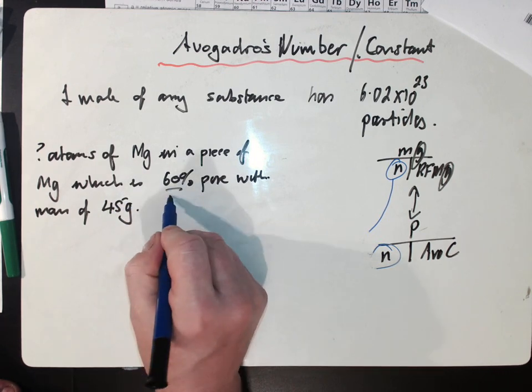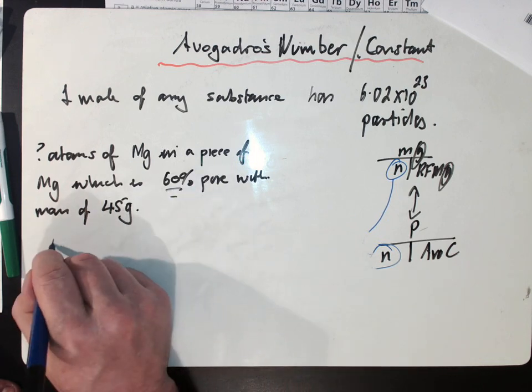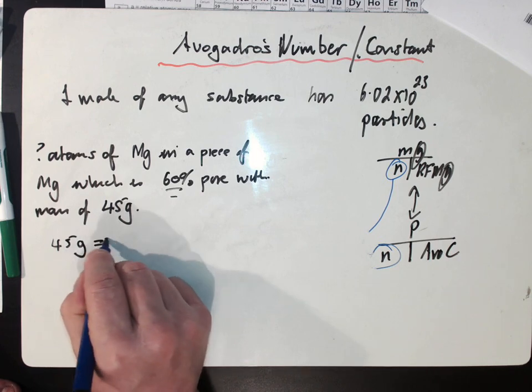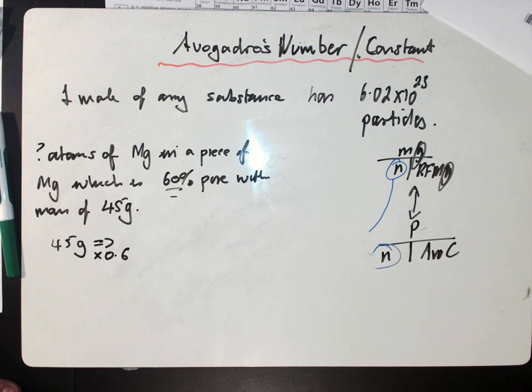So we've got this 60% purity to deal with this time, which adds a little bit of a twist to it, but not that big a deal. If it's 45 grams, 60% of it is magnesium, so all we're doing is finding what mass of that is actually pure magnesium in there.